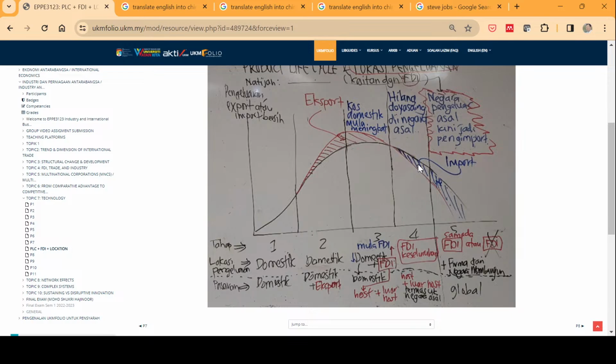Import. And the final stage is whether they are still doing FDI or not doing any more FDI.